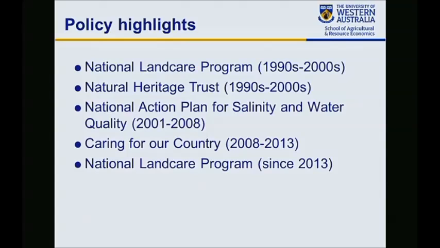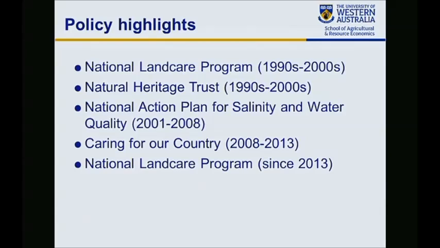And there's been a whole series of policy initiatives over this time frame related to agriculture, starting with what historically now looks like a relatively small program, the National Landcare Program in the 90s and 2000s, and then through a series of other evolving programs that used similar methods, the Natural Heritage Trust, the National Action Plan for Salinity, Caring for Our Country, and then a recent program called National Landcare Program, which is actually rather different to what it used to be.